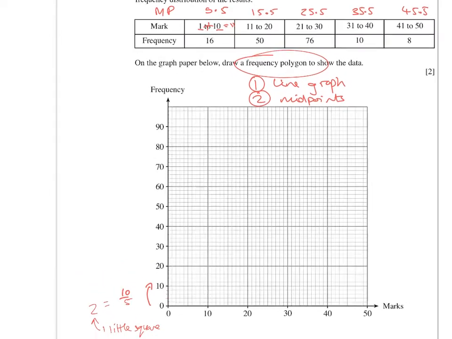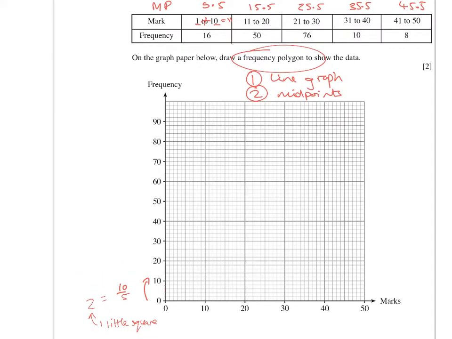So, next I am going to plot 5.5 and 16. So, like I said, I'm coming to 5 first of all. 16, here's 10, 12, 14, 16, and then I'm going to go just ever so slowly, just over from the 5 line. Okay? Next one, 15.5 and 50. So, I'm going along the 15, all the way to 50, and then I'm going that tiny little bit over there.